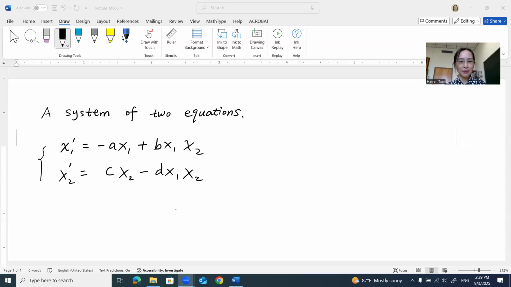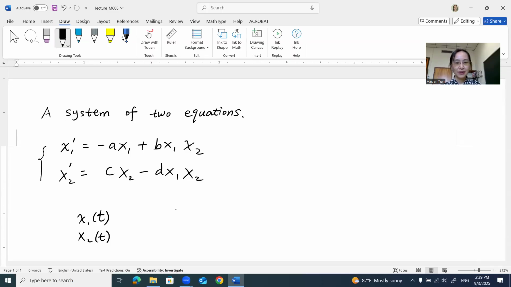You've seen this population model. Here you see the system of two equations with x1 as a function of t, x2 another function of t, right? The derivatives of each function is equal to the right-hand side of the equations.